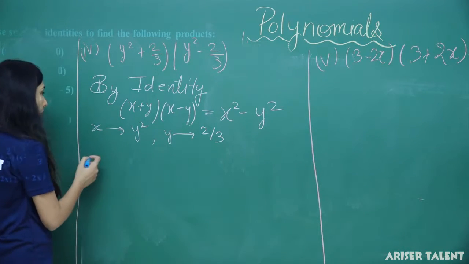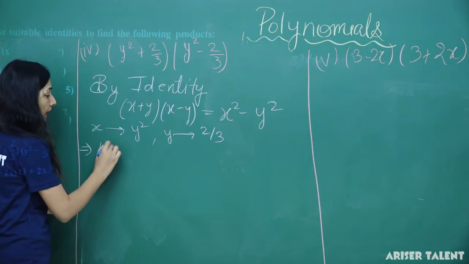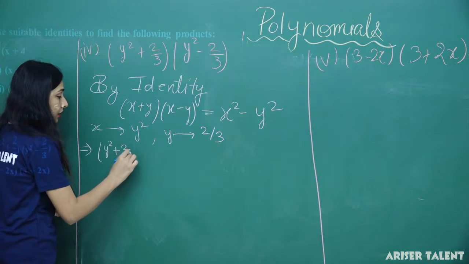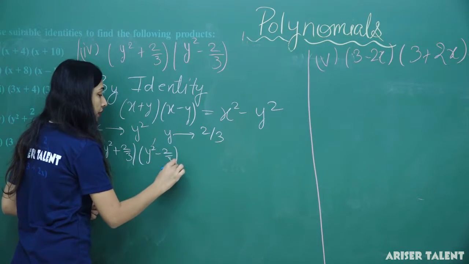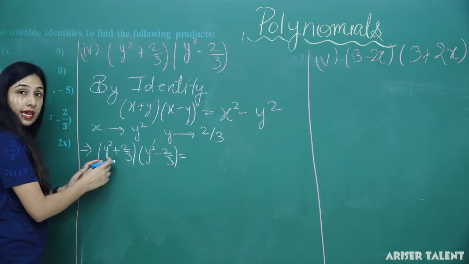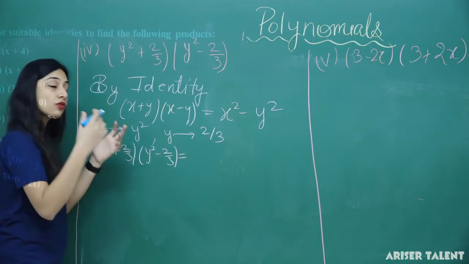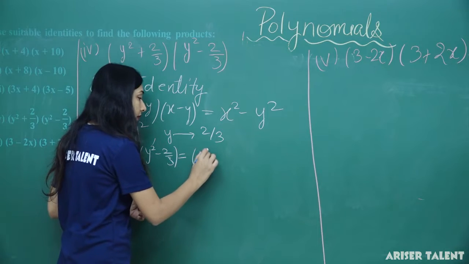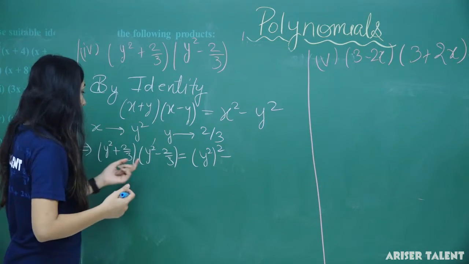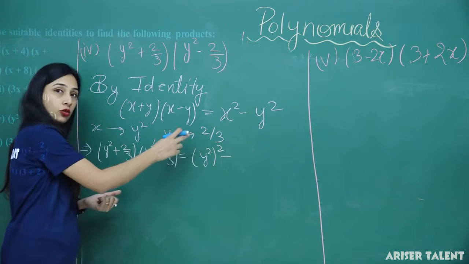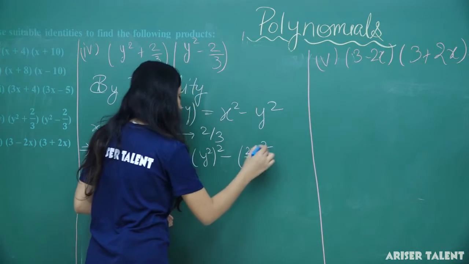Okay. Now, (y square plus 3 by 2)(y square minus 3 by 2) equals, this is x, so x square, that means (y square) square, minus y square, so y is replaced by 3 by 2, simply (3 by 2) square.